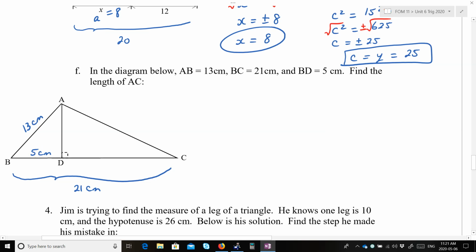Find the length of AC. Okay, so if BD is 5 centimeters and from B all the way to C is 21, that would mean that this is 16 centimeters. Okay, and they want us to find the length of AC, which is right here. That's what they want us to find.